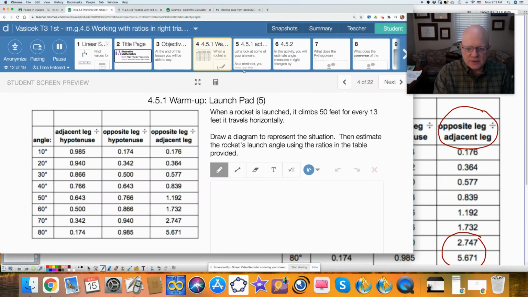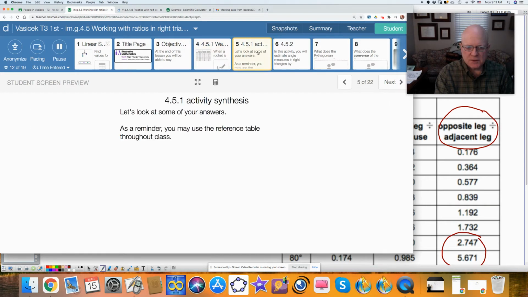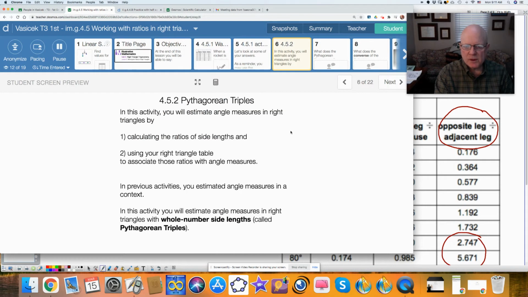Our next activity, so after we talk about this, in this next activity, we estimate the measures in right triangles by calculating the ratio of the side lengths and using the table. So instead of using just a squared plus b squared is c squared, we're going to use Pythagorean triples, which have whole numbers for sides.